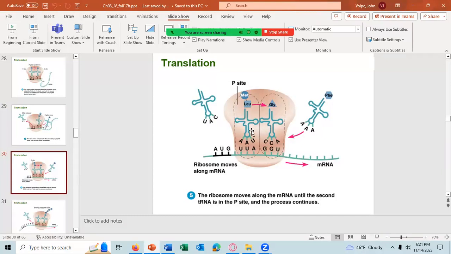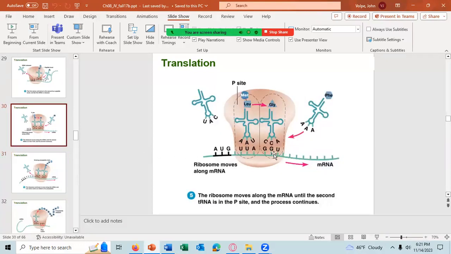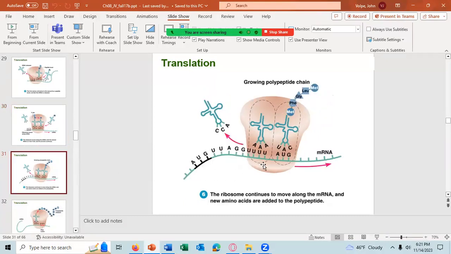When that happens, this tRNA is now free and it'll fall out. And then the ribosome will move down. Let me go back to make sure I got that right. CCA. I don't even see CCA anymore. There it is there.